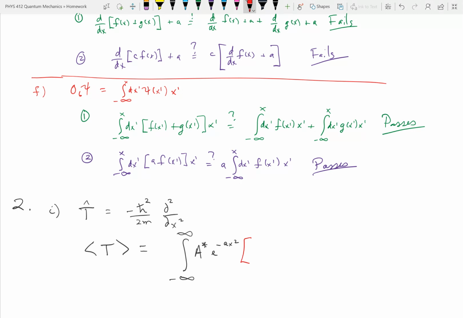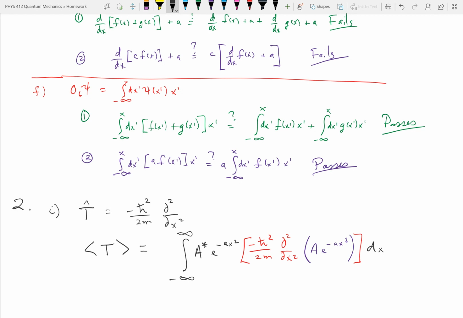And then we have our operator, which is h bar 2n, times psi, and then the units.